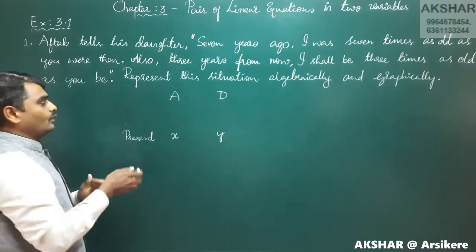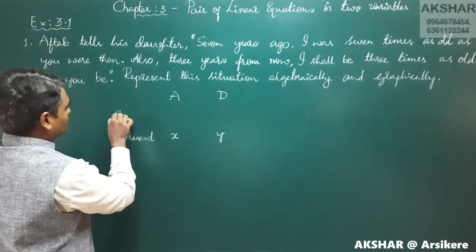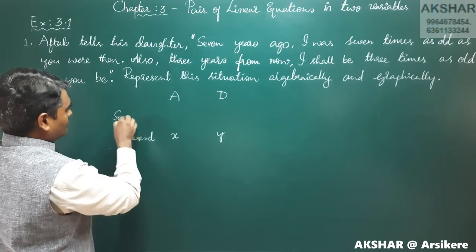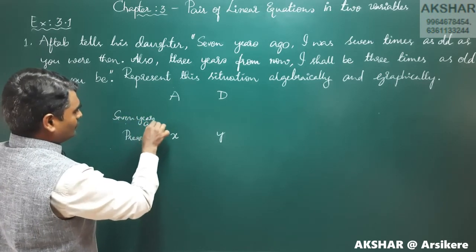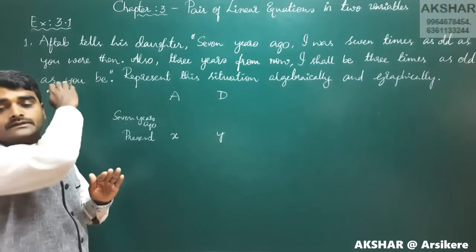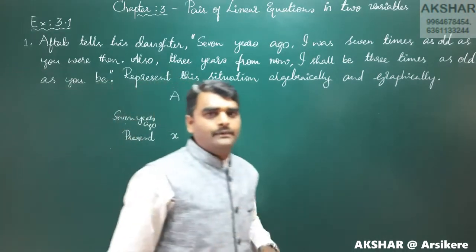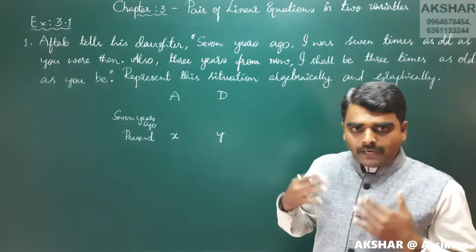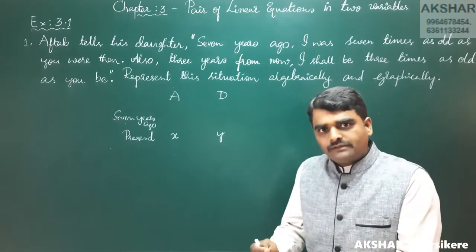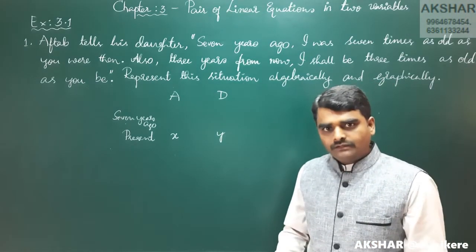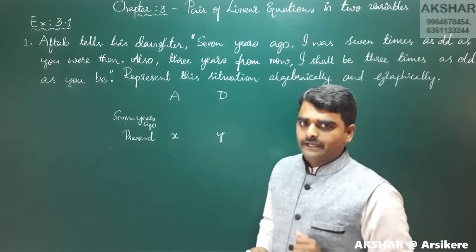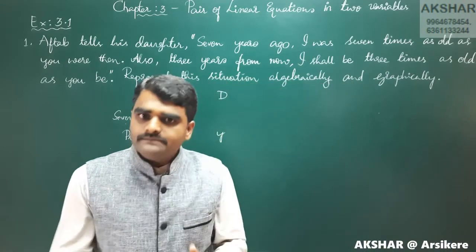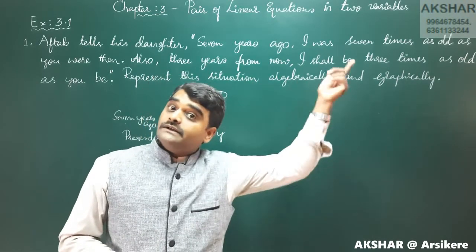7 years ago. Ago means past. For example, if my age is 35 years now, what was my age 7 years ago?